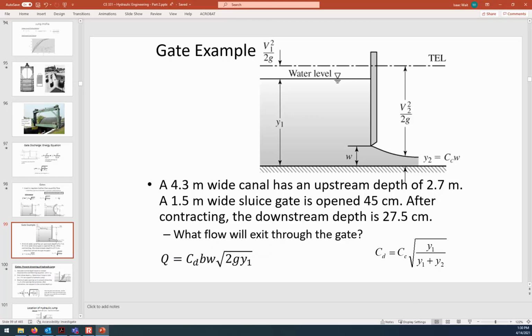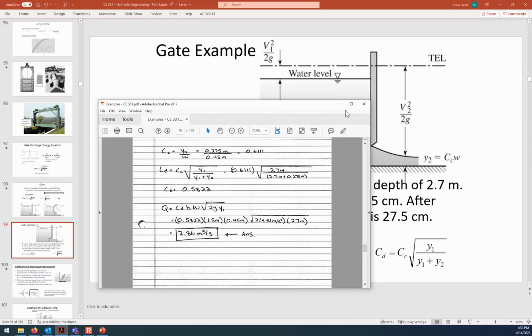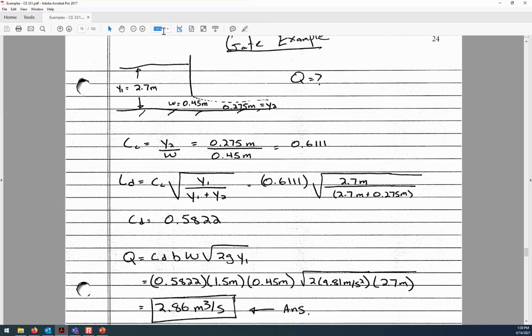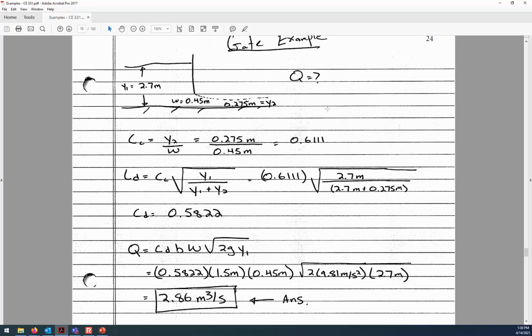All right, so the order of operations here is first calculate the coefficient of contraction, then the discharge coefficient, and finally the flow rate, Q. So let me show you that. All right, you can see that the water upstream of the gate is 2.7 meters deep. Then the gate opening is 0.45, and after contraction, the flow depth is 0.275.